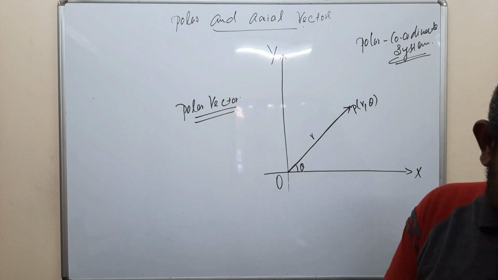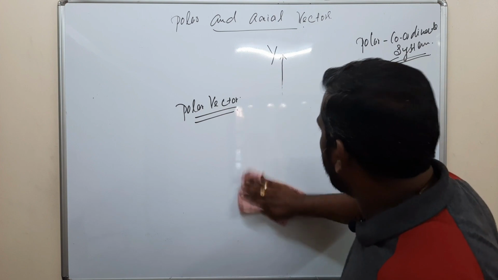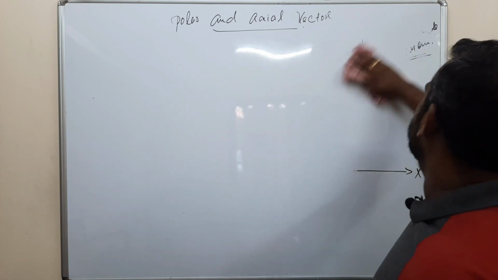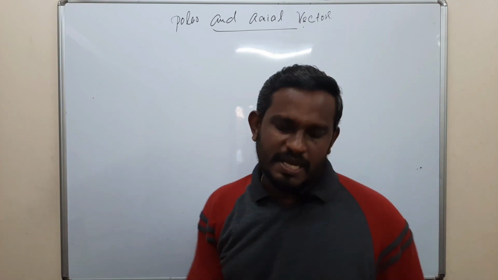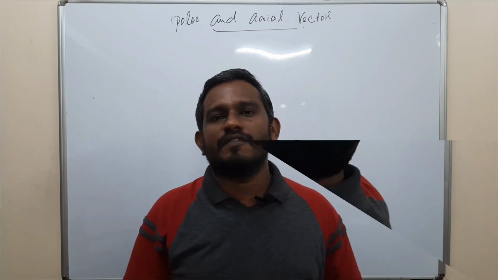Axial vectors. In a rotational motion, certain vectors will act through the axis of rotation.